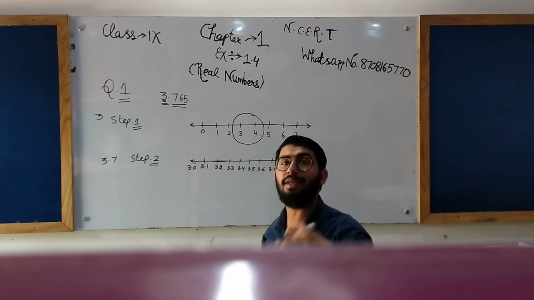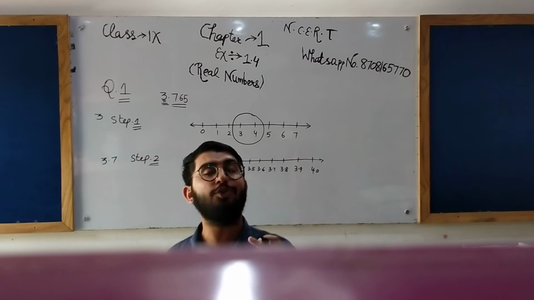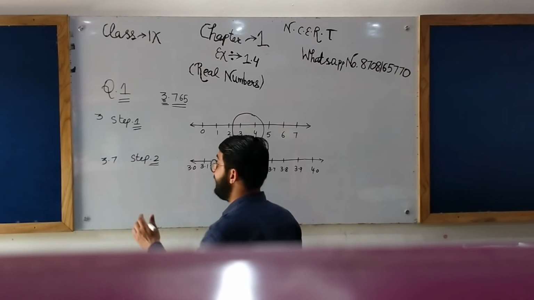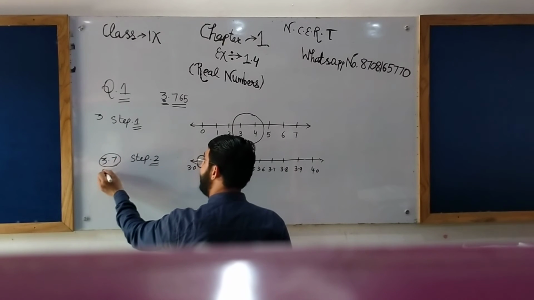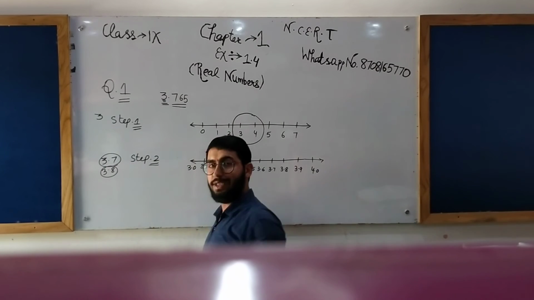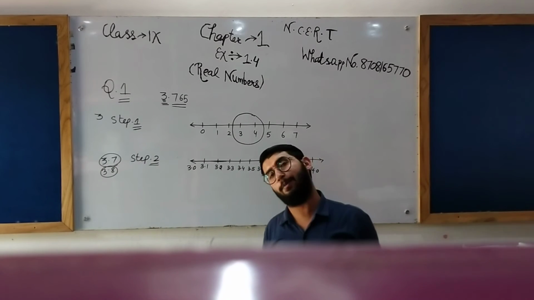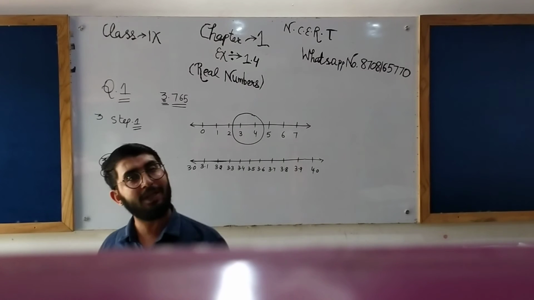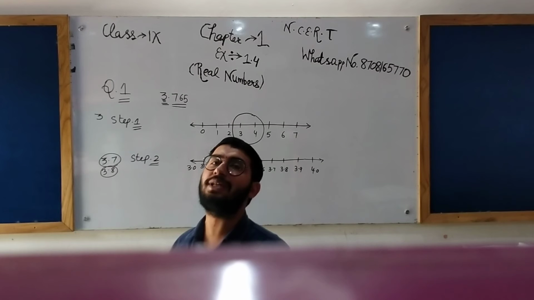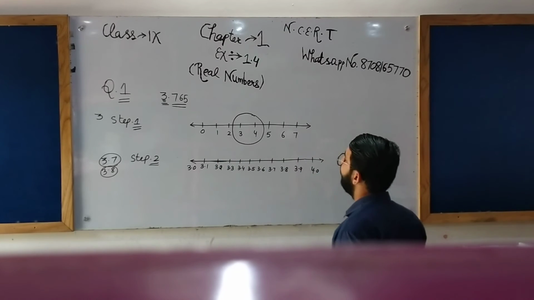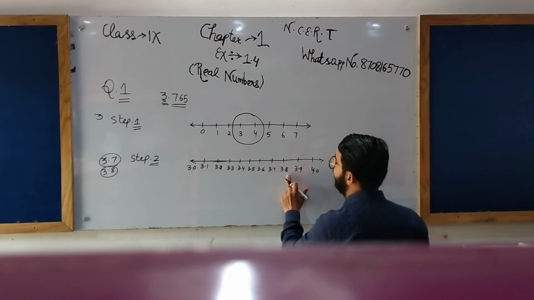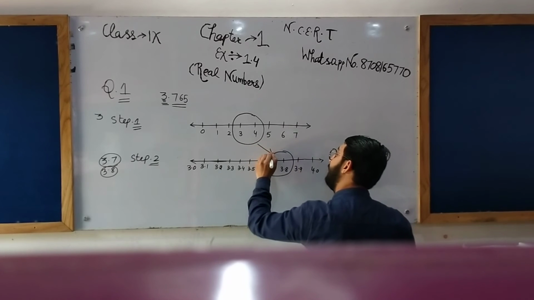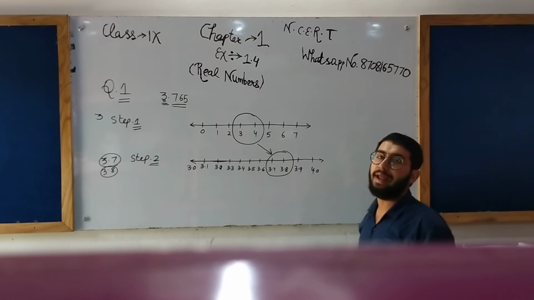But it is less than the number just after 3.7, which is 3.8. So I have to circle these two numbers, 3.7 and 3.8, because this number is greater than 3.7 but less than 3.8 because of the presence of 65. Show it by an arrow.